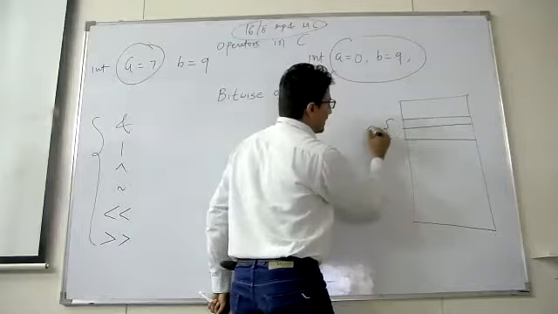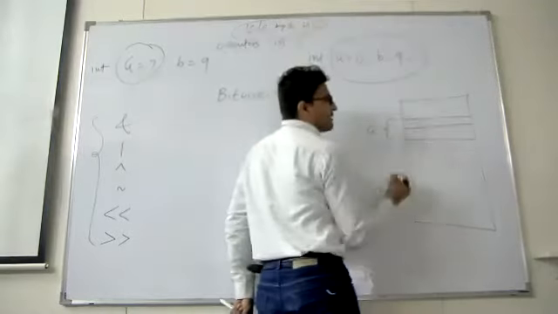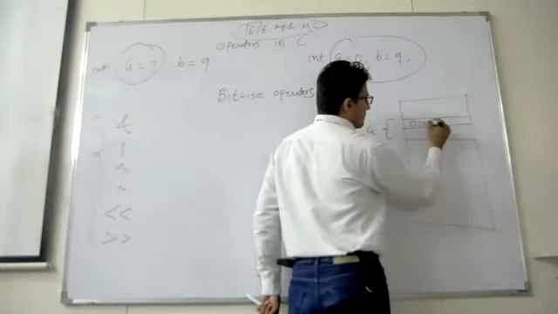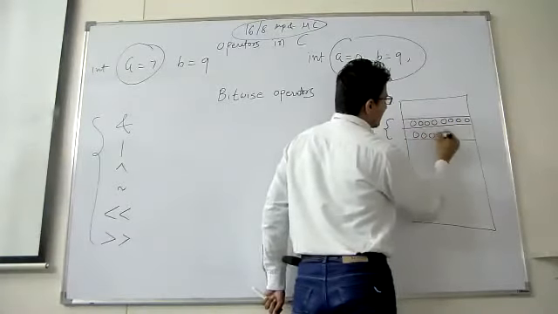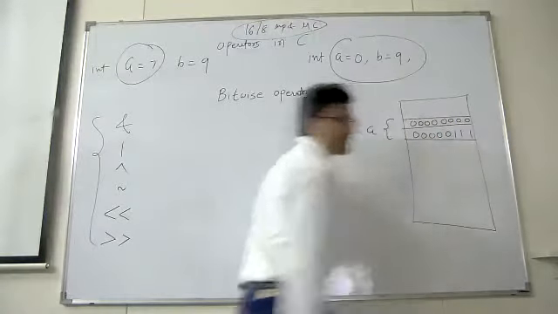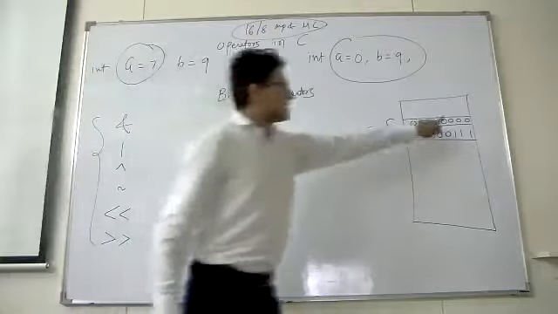That is the space of A, and that is our MSB location. So my data is 7, which is 0 7.